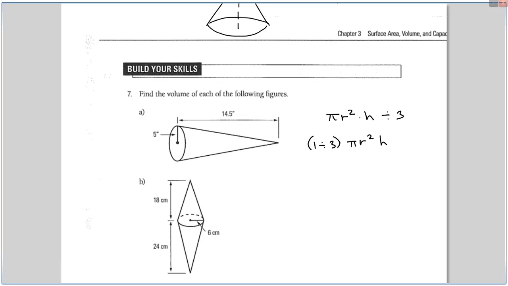So for the first one, r is 5. You literally just type this into your calculator. First one I got 379.6, and this would be cubic inch or inch cube.